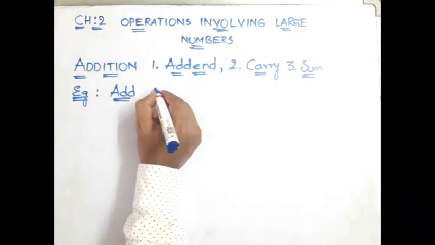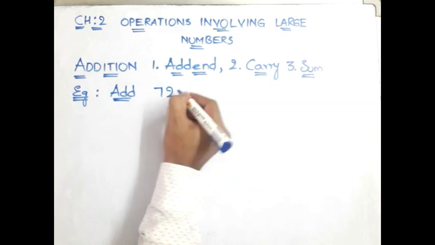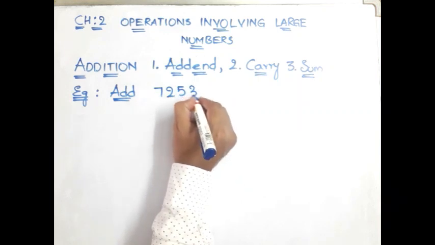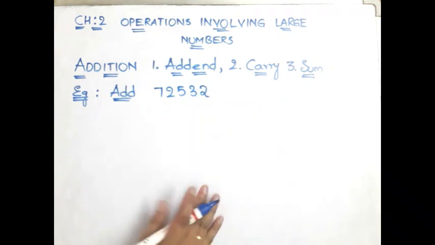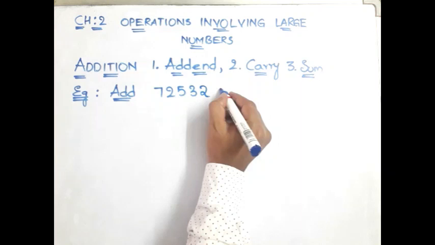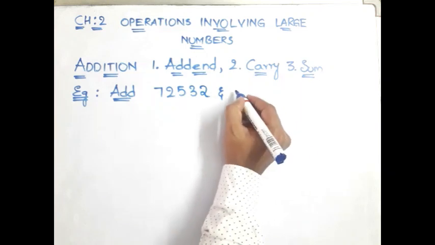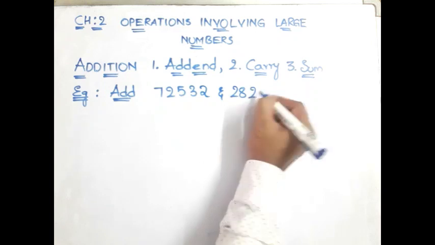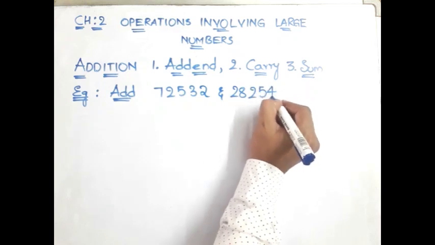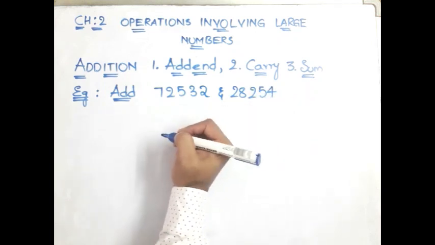Add 72,532 and 28,254. Okay. So how will we add?